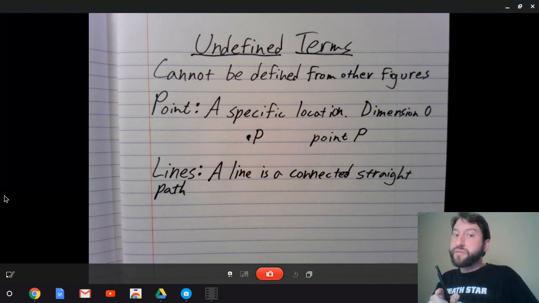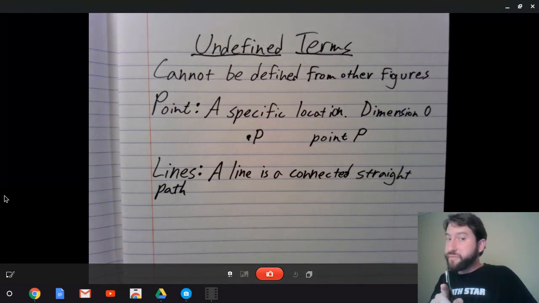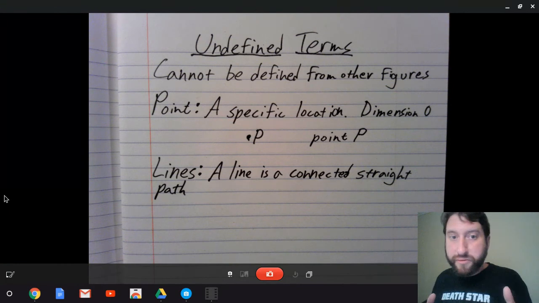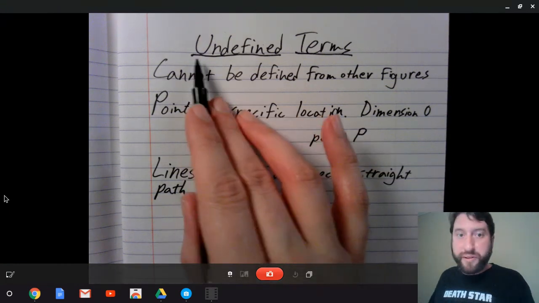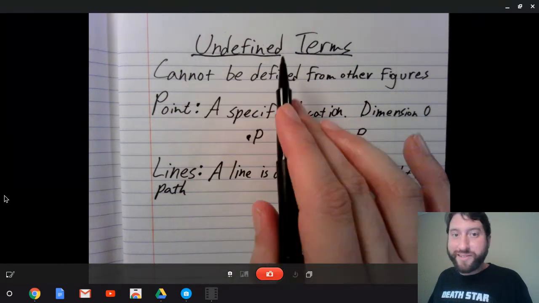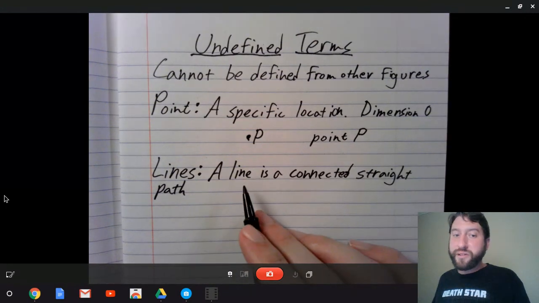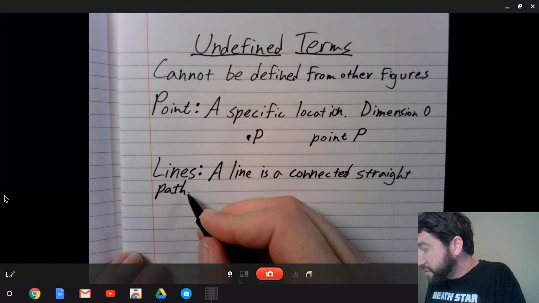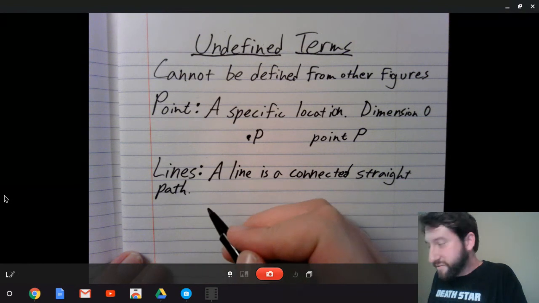Now, this is a little different from the usual world. Usually in our everyday world, a line ends somewhere, right? Like, I drew a line down here. It started and it ended. This is different in Euclidean geometry, all right? Because it actually continues forever.